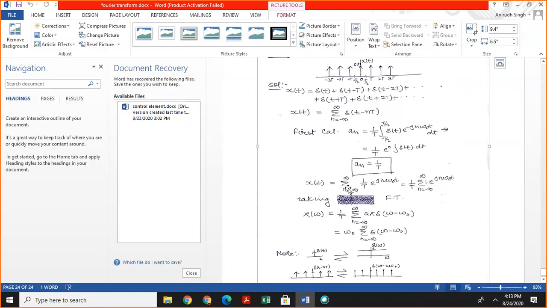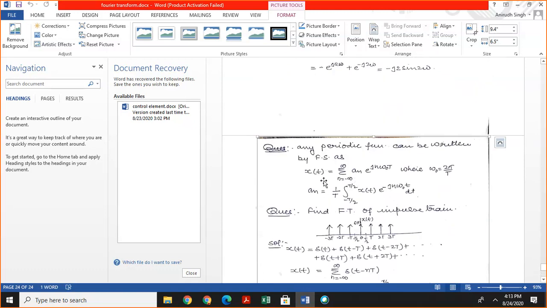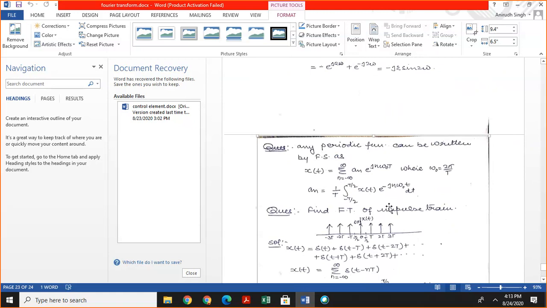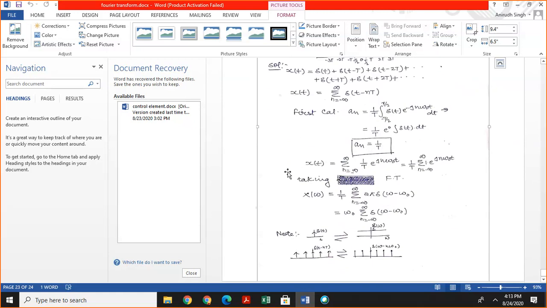So x of t by this formula is written as summation from minus infinity to plus infinity 1 by T exponential j n omega t, and this 1 by T is a constant.